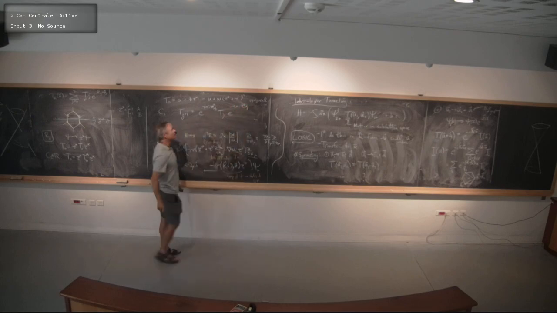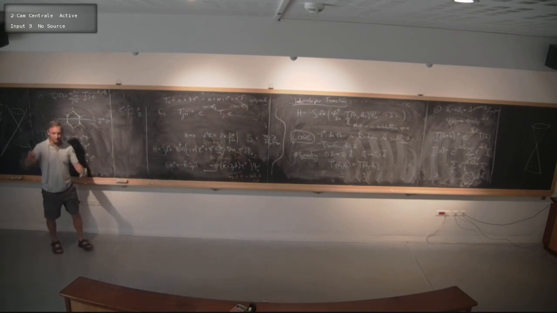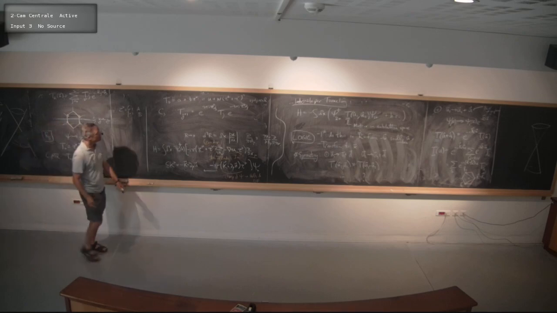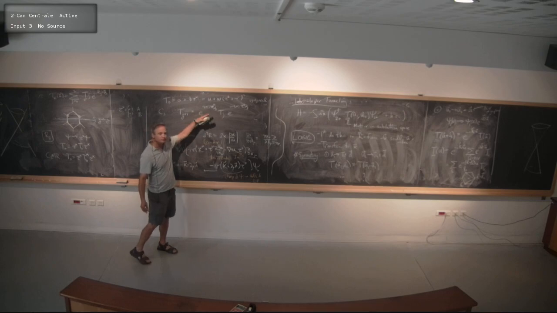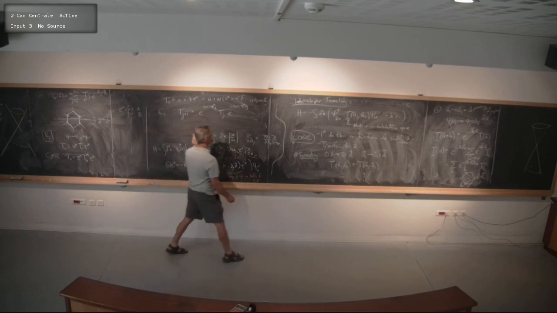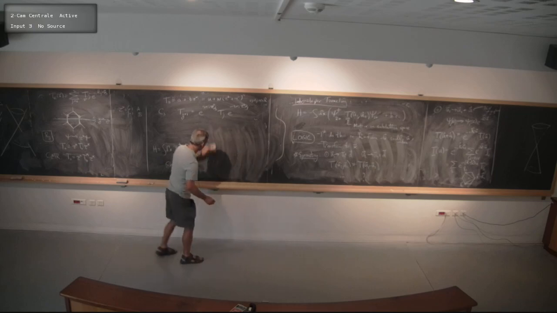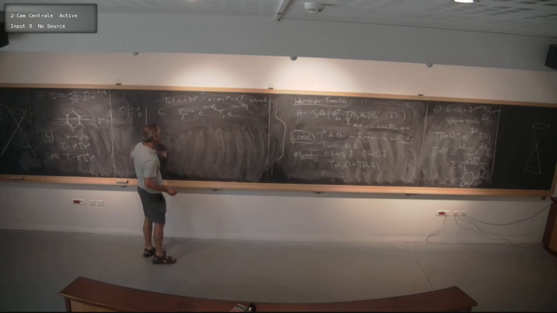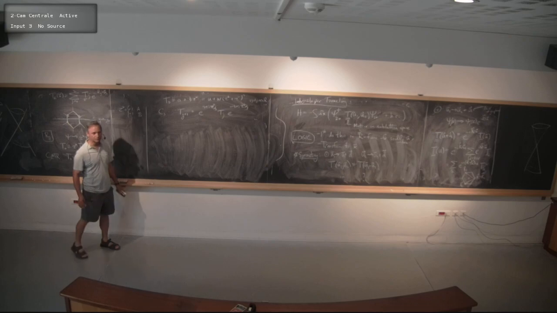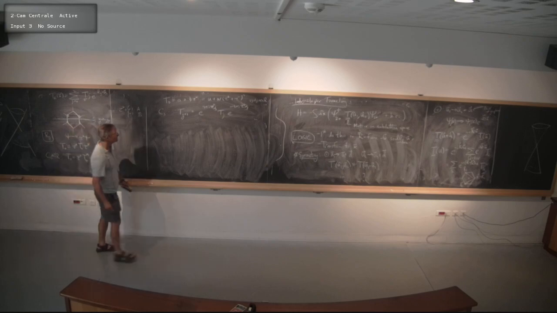I don't guarantee the signs here, but it's an operator that does a rotation in the sublattice space by 2 pi over 3. So you can obtain the other two components of this hopping matrix, T1 and T2, from T0 just by this formula.